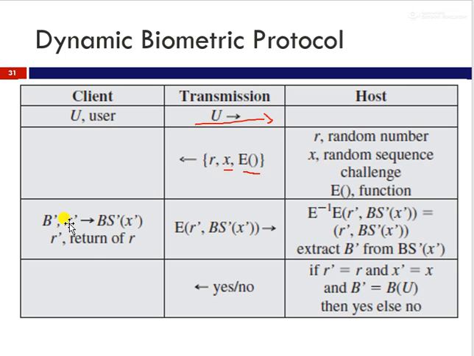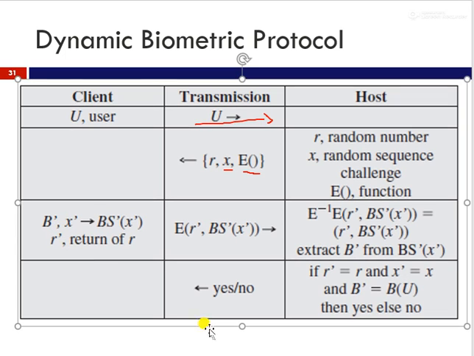And then from this X, whichever dynamic biometric method is used, whether vocalizing, typing or writing it, it generates a biometric signal. BS-X is the biometric signal generated from this sequence X.